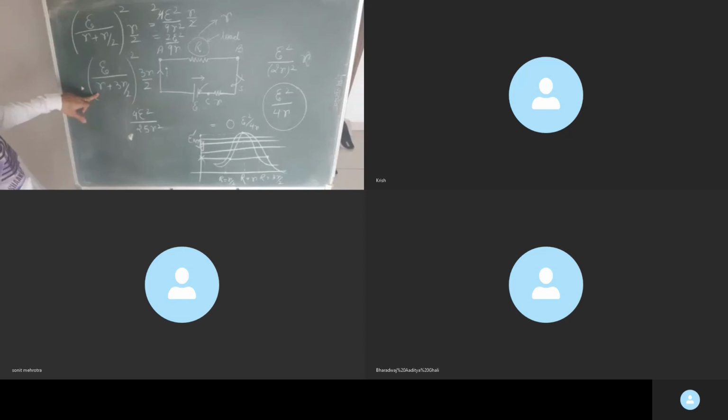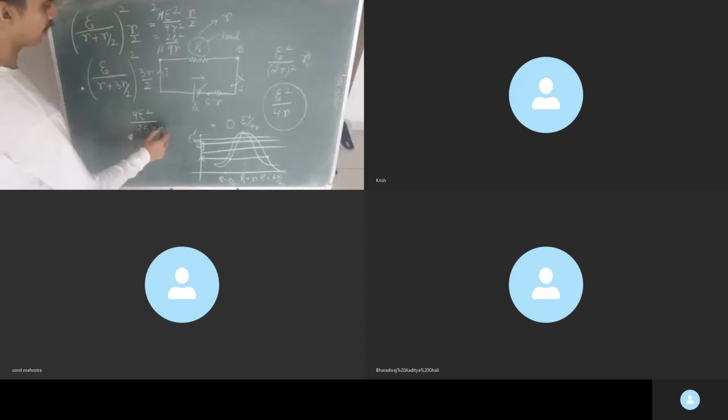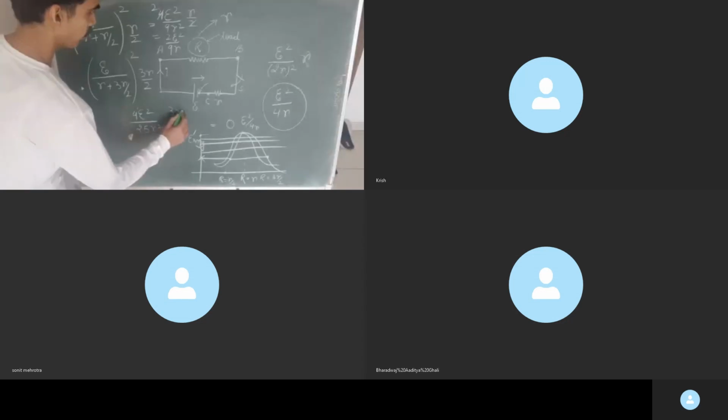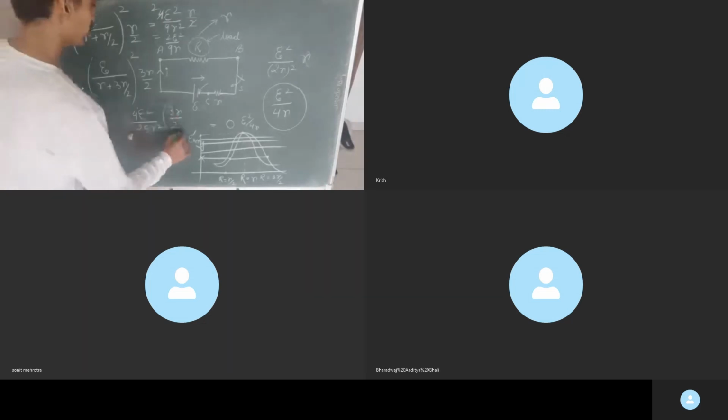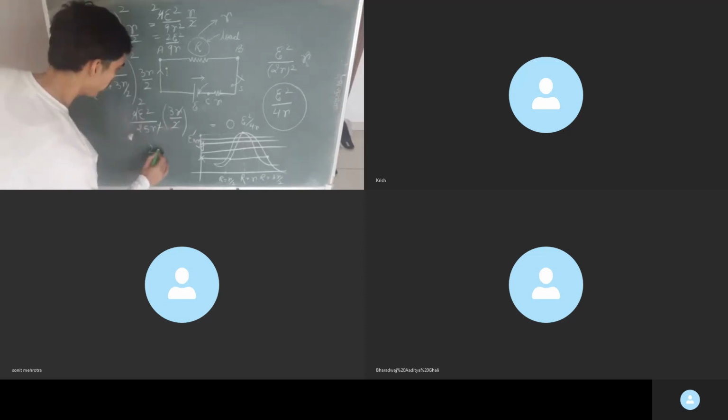Is it correct? Check once. This is what we are getting, and this will be multiplied with 3R by 2. What do we get to see over here? R gone, 2. So 2 into 6E square.